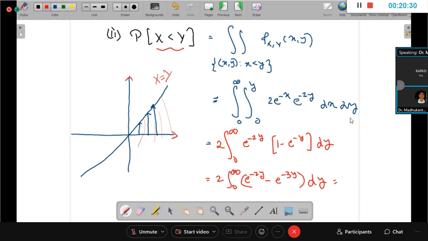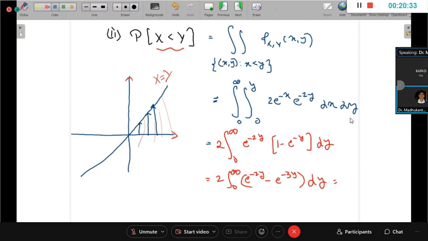So I can certainly identify the region as the set of x comma y such that x is less than y. This is the region where f of x, y is non-zero.